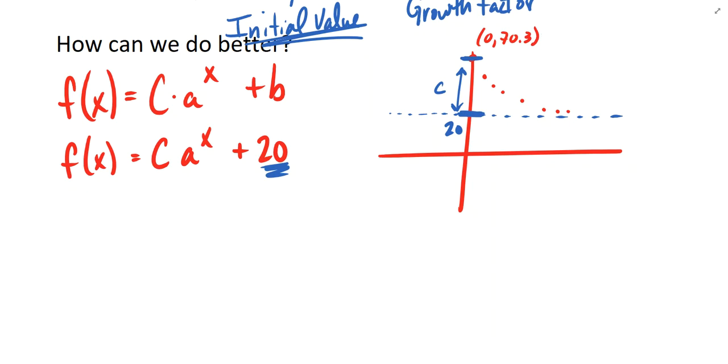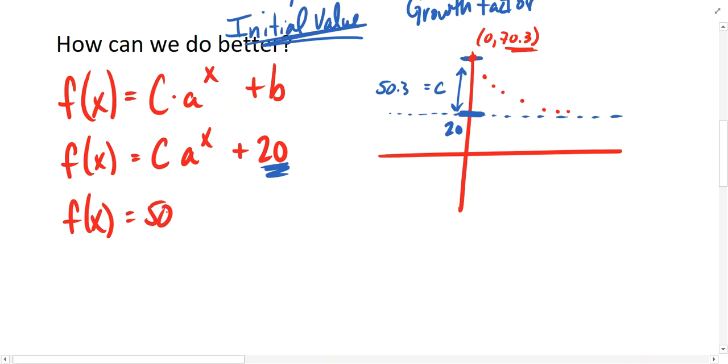So that tells me that the difference between 70.3 and 20 is our c value. So I'm going to say that c is equal to 50.3, and I'm going to continue to build this better function. So we now have 50.3 times a to the x power plus 20.